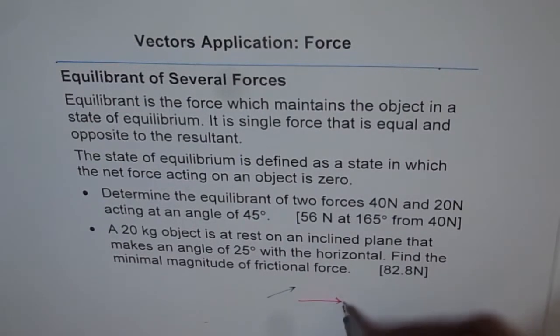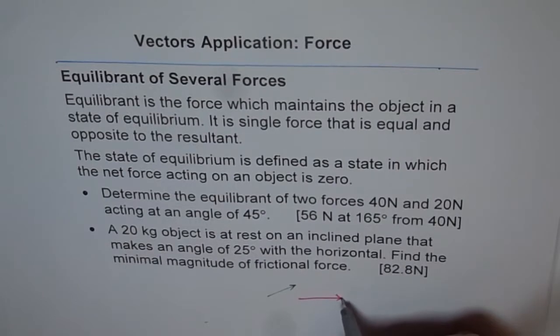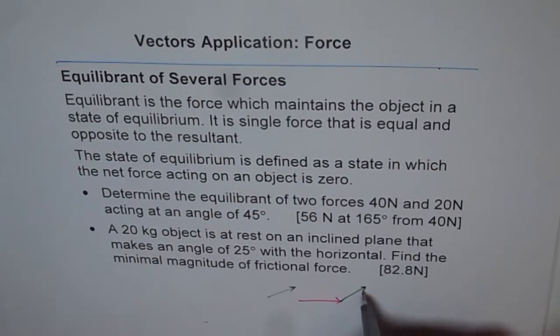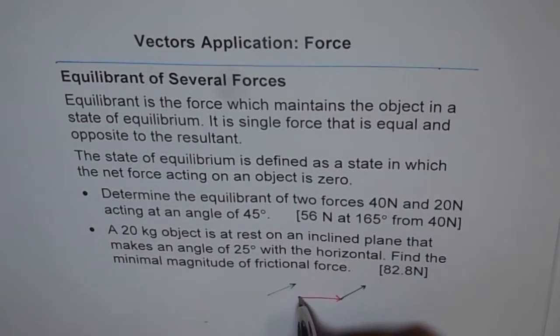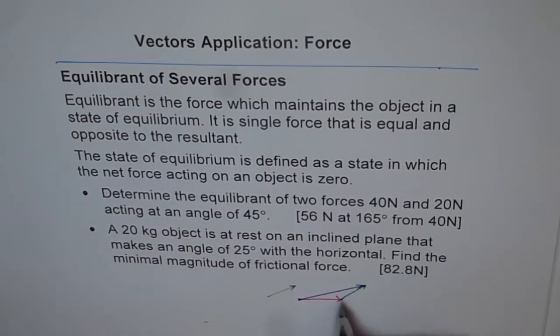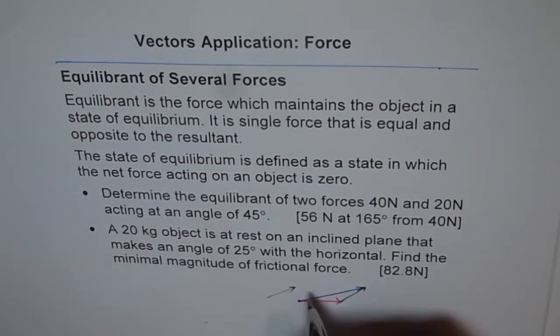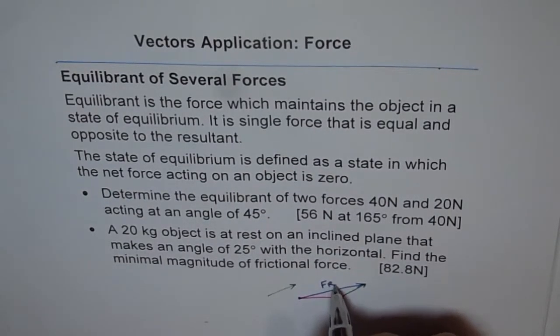So we'll place this so that the head of this force is right there. So the tail of this force is on the head of the previous one, right? So when you put them like this, then you can find the resultant of the force. So the resultant in this case will be from the tail of the first to the head of the last, right? There could be many forces like this, and that we call the resultant force.